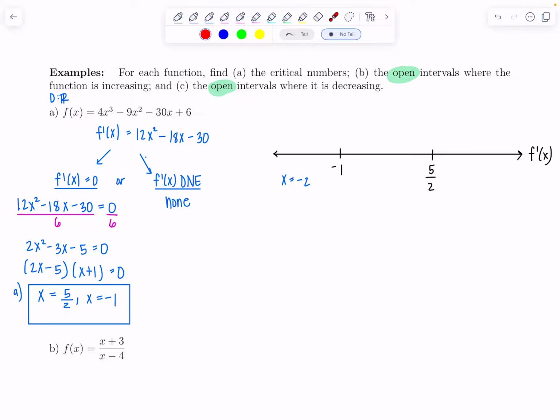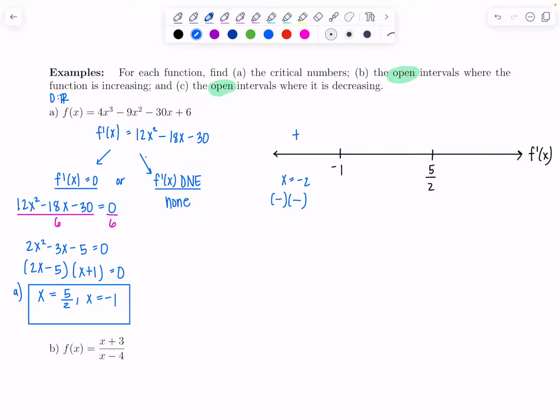I'm not really interested in what the value of the derivative is, I just want to know whether overall it's positive or negative. So on the interval from -infinity to -1, it's positive. You could try a different number just to be sure, like -10 or -1,000,000, whatever your heart desires. Overall it's positive.